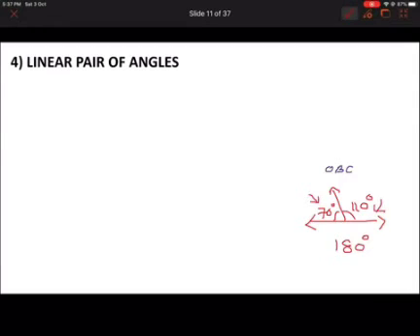Now you might ask, what is the difference between supplementary pair and linear pair? In supplementary pair, the angles need not be adjacent. Let me take one more rough diagram. If this is 70 and suppose this is 110 degrees, yes, these two are called supplementary pair.